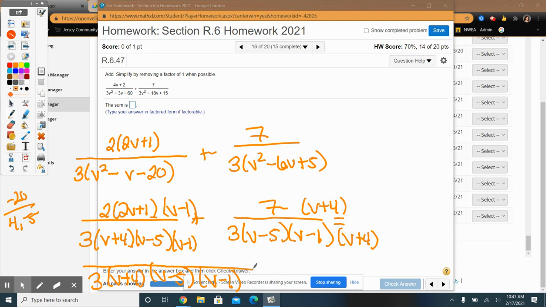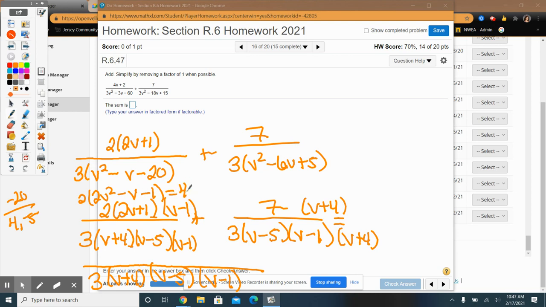And now we have to add the like terms. First of all, we'll have to clean it up. So this is 2 times 2v squared minus 2v plus v, which is a minus v minus 1.